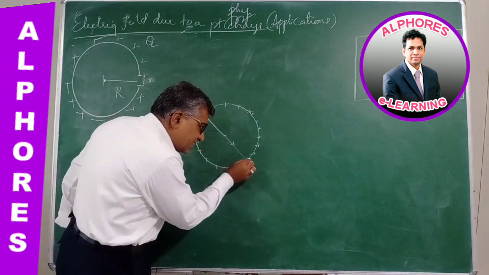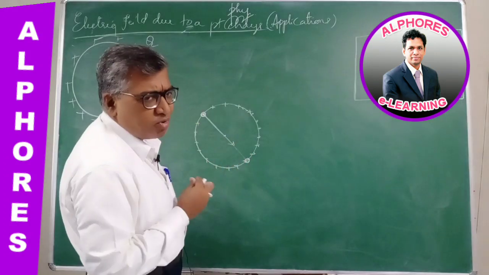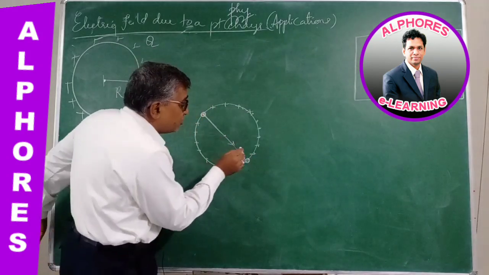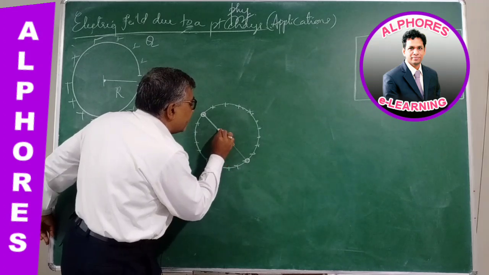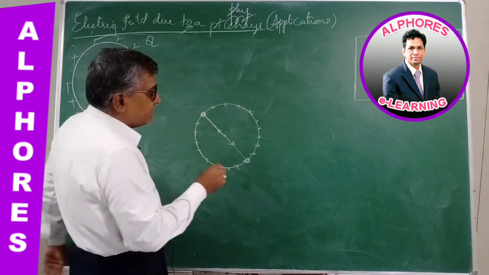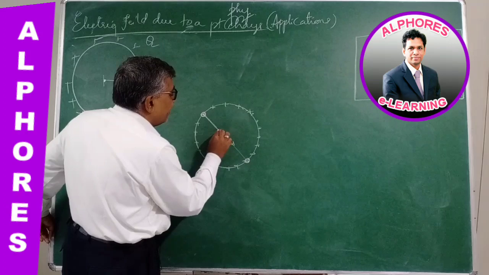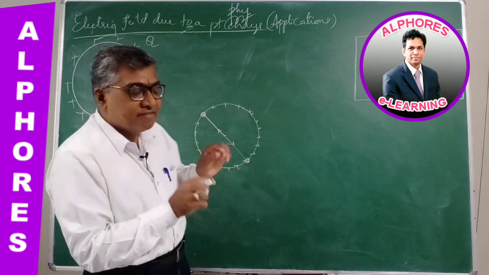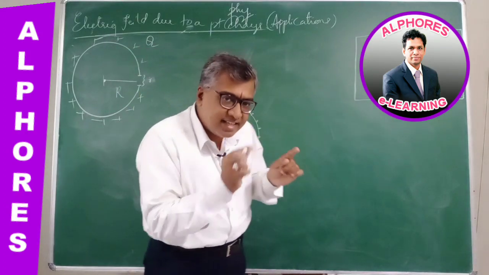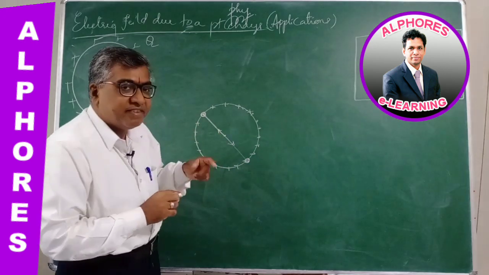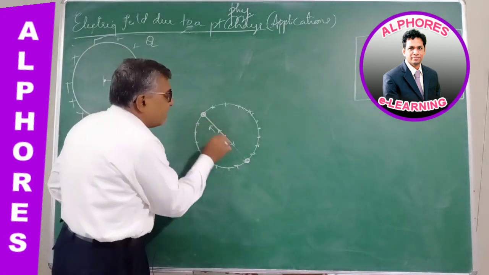If I again consider this as a point charge, the size being small compared to the distance, the field due to this at the center would be in this direction. Since it is positive, the direction is away. Both parts have the same magnitude of charge, and the distance of the point where I am finding the field is also the same, the radius r.